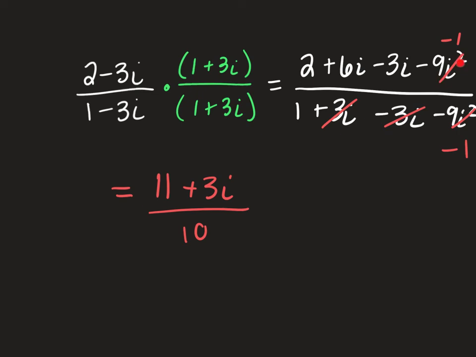We take the i squareds and make them negative 1s, which is like adding a 9. So we do 9 plus 2 to get 11, and then 6i minus 3i is positive 3i. Same FOIL process on the bottom. The reason we multiply by the conjugate of the denominator is that it gets rid of the i's, and then you've got that i squared, which makes it a whole number. So it cancels out i on the bottom completely.